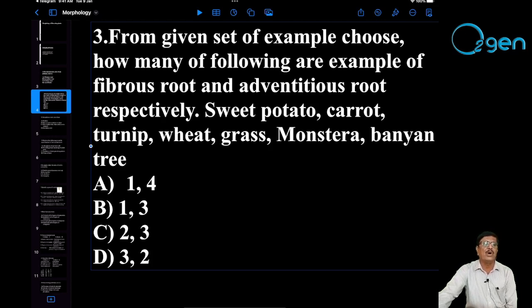That means two are fibrous root systems, and sweet potato, carrot and turnip are the three taproot systems. Sweet potato, monstera and banyan are adventitious roots. So option C is correct. Two are fibrous root systems, wheat and grass. The adventitious roots are the sweet potato, monstera and banyan.